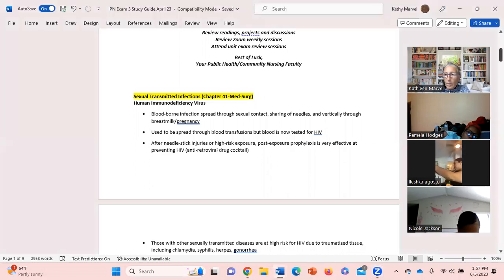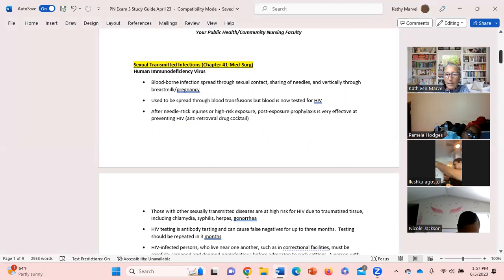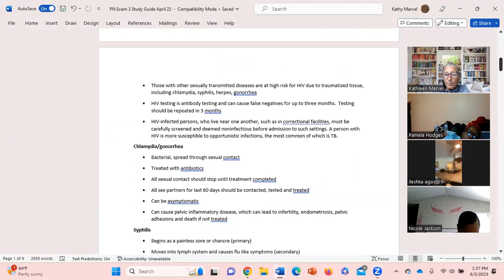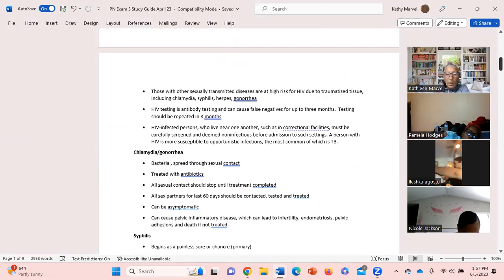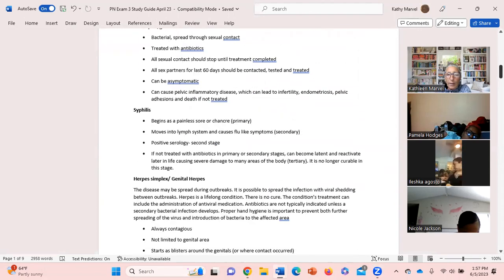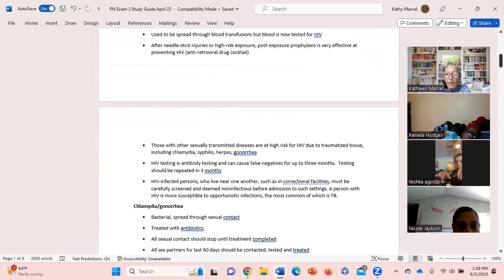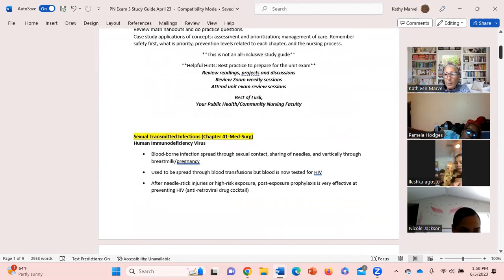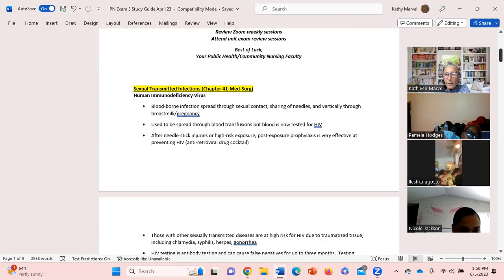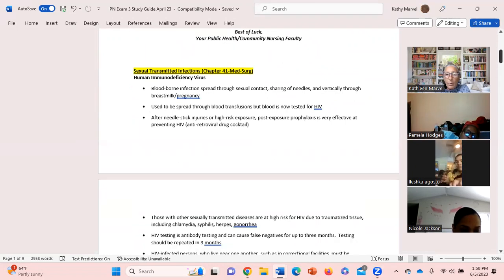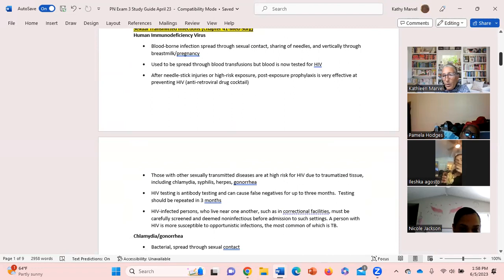There are going to be questions about sexually transmitted diseases. In particular, there's going to be questions about HIV, chlamydia, gonorrhea, syphilis, herpes, and HPV. I can guarantee you there's going to be questions on each one of those 5 STDs. I've given you what I believe are the most important pieces of information with regards to each one of those.